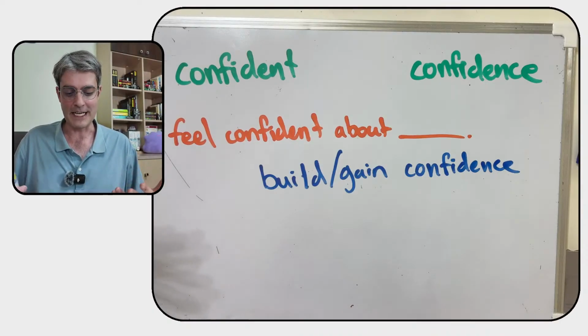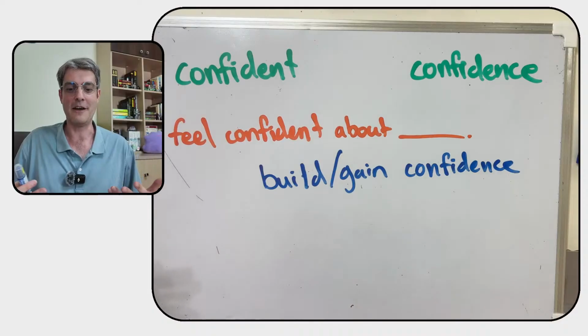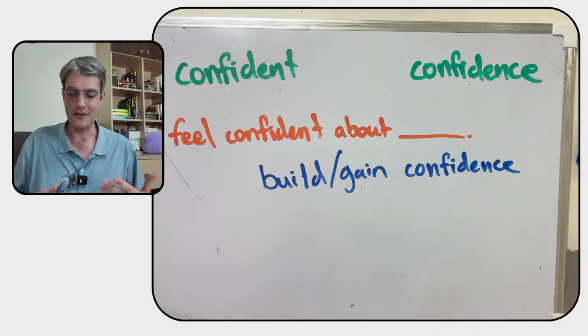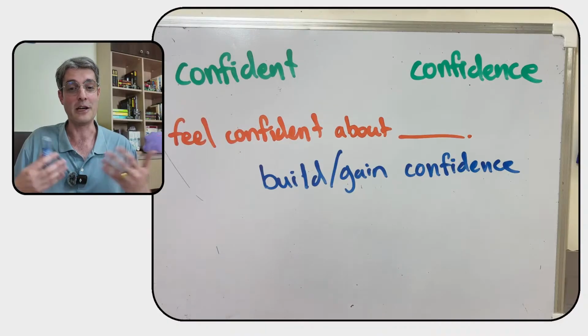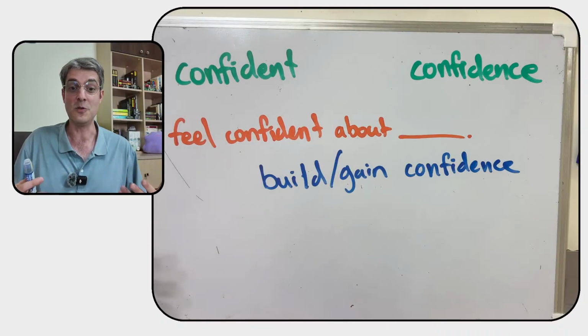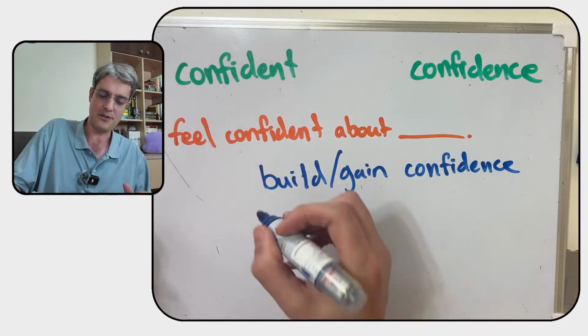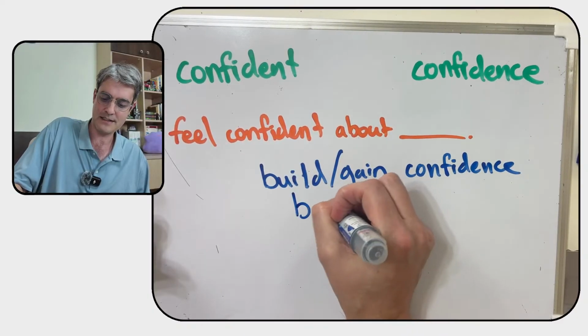So students might ask, how can I build my confidence? And there's some things you could do. Maybe you can practice talking in front of a mirror. That can help build your confidence. Or you can join some competitions so that when a very important one comes, you've already practiced enough times that you've gained enough confidence that you'll do well when it really matters. Another useful one is to boost confidence.